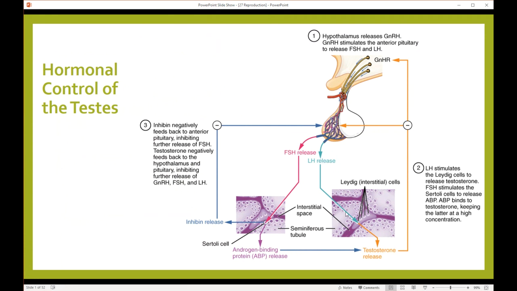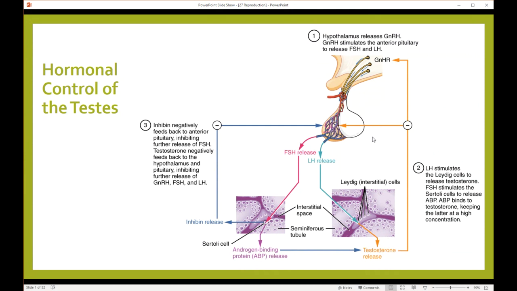So the LH, or the luteinizing hormone, is going to act on those Leydig cells to release testosterone, and the FSH, or the follicle stimulating hormone, is going to stimulate the Sertoli cells to release ABP, androgen binding protein. That ABP is going to bind to the testosterone, and that helps to keep it at a higher concentration.